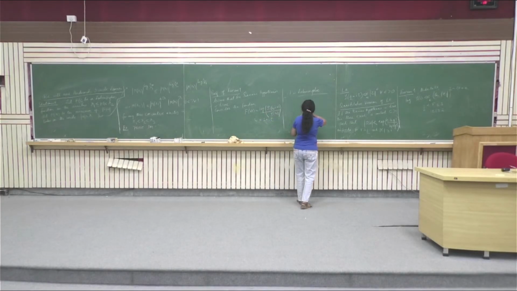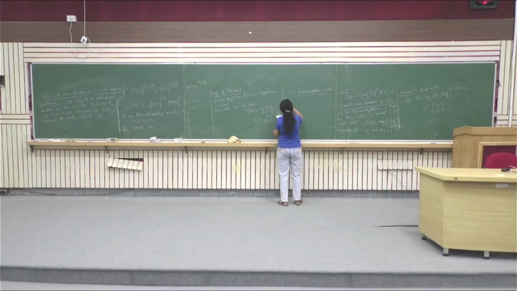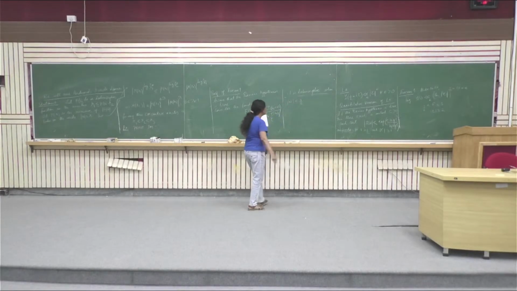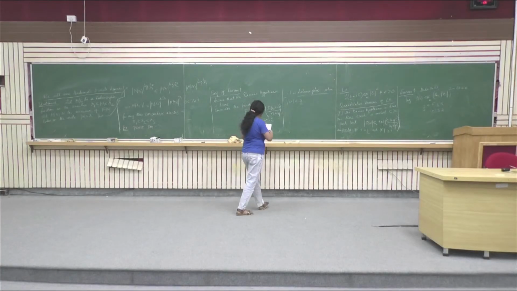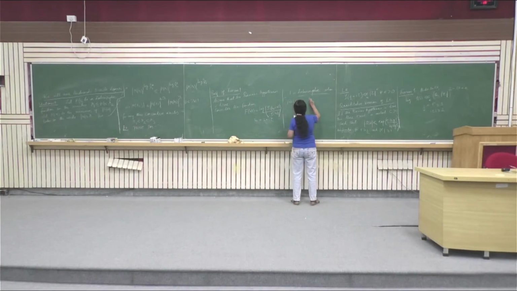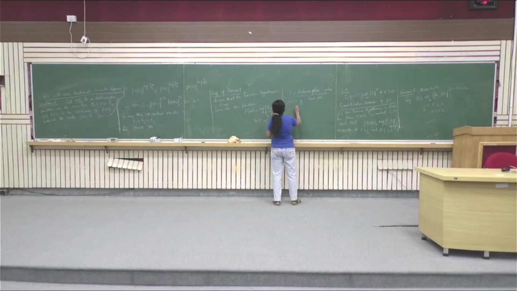This holds when omega is less than 3/2. If you don't know that it's 3/2, it's not very serious. Now you take some delta between 0 and 1.